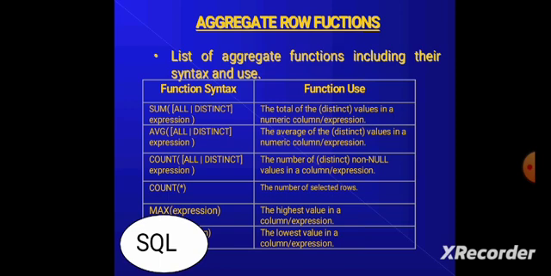If the user wants to create an aggregate function, they must use the select clause. And if the user wants to summarize the column or the data in a single value, they use some aggregate function. So here the aggregate functions are described in 6 types.